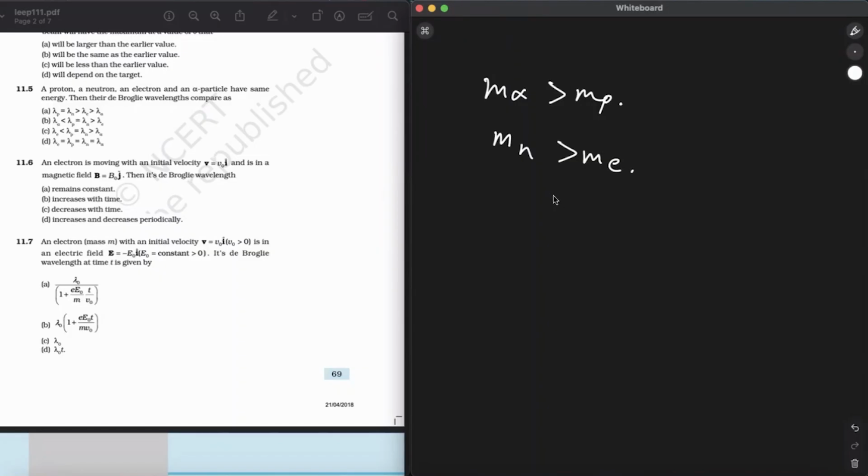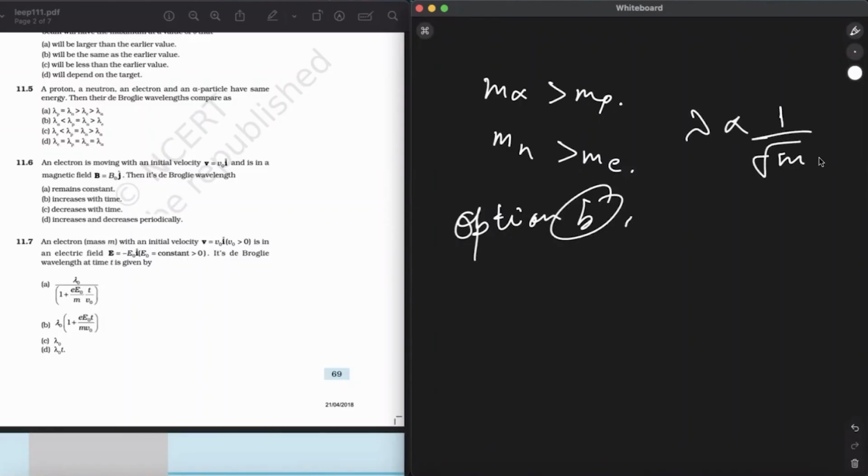So the correct answer will be proton equal to neutron, option B. You just have to compare the masses. Lambda is inversely proportional to 1 upon under root m, so you just have to put in the mass to get the value for lambda.